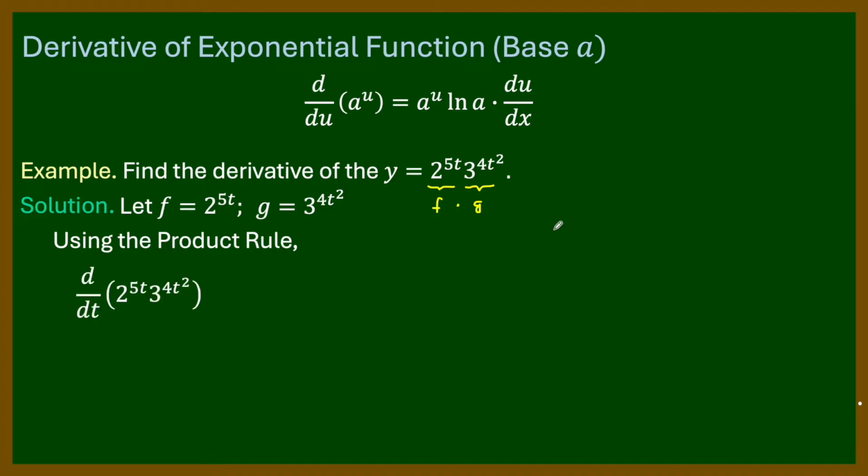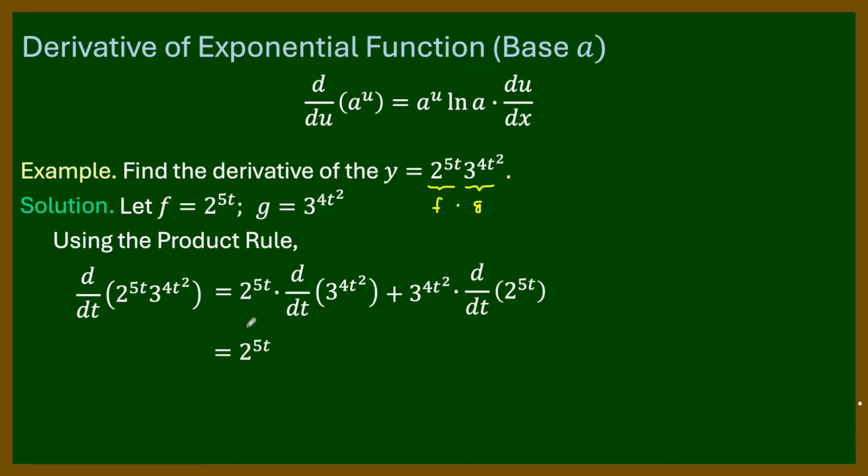Now, let us differentiate. Copy the first term, then multiply it by the derivative of the second term, plus the second term times the derivative of the first term. So here, copy 2 raised to 5t, then simply differentiate this function.